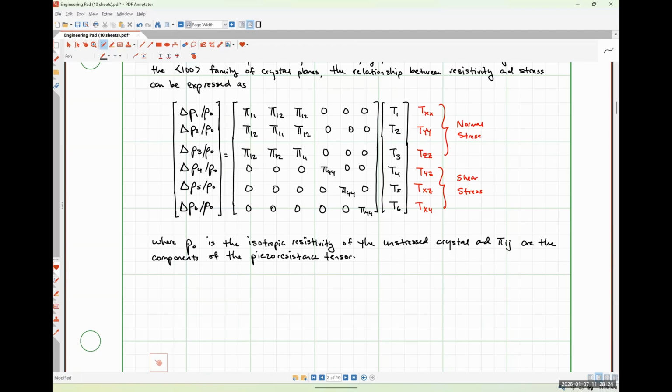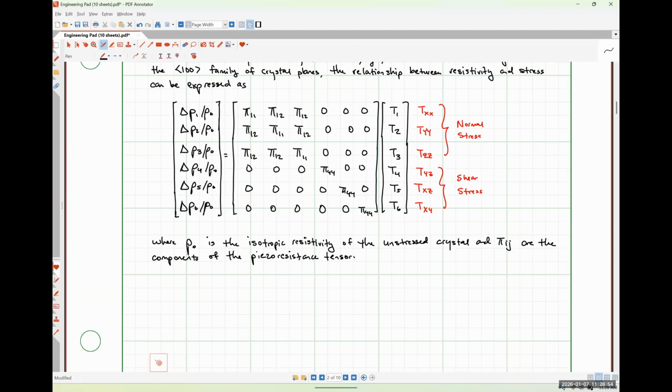From this relationship, which we're practically never actually going to use for anything, we're going to simplify this down because we're engineers, not physicists, thank goodness, okay? We can see that there are really only a handful of different coefficients, right? So we've got a pi 11, a pi 12, and a pi 44. These coefficients aren't constant, but they are influenced by the doping concentration, doping type, and temperature, okay?